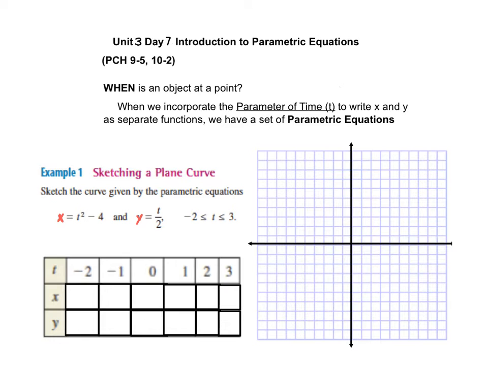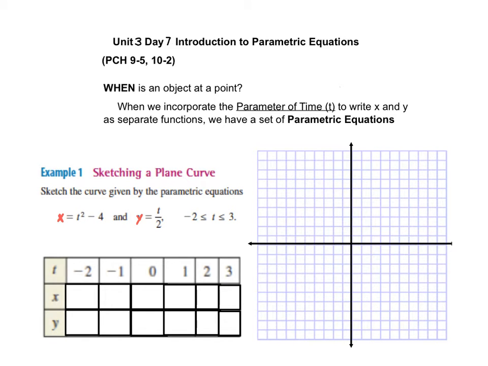Here the time is going to go from -2 to 3, and yes, you can have negative times. 0 is just when we happen to start the clock, but the object may have been moving before we started the clock, so we can go back in time and figure out where it was.